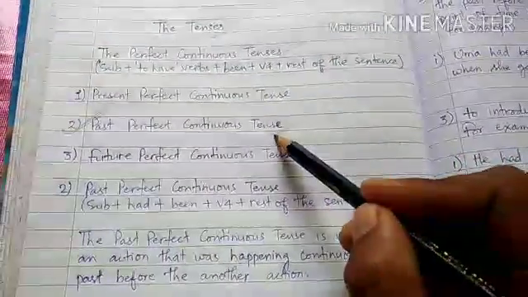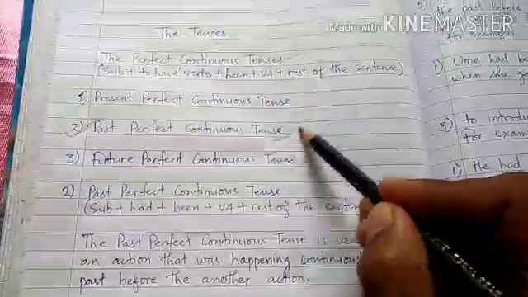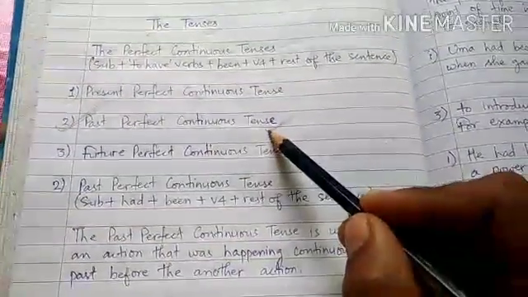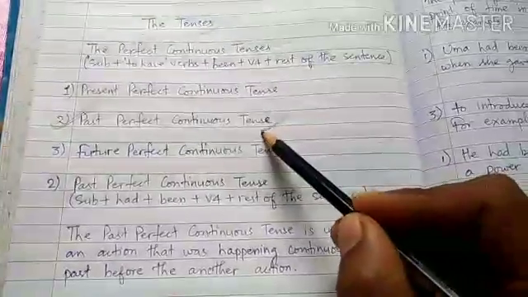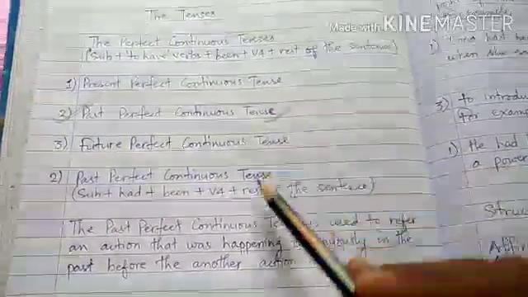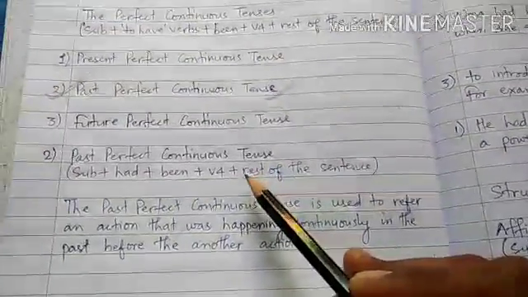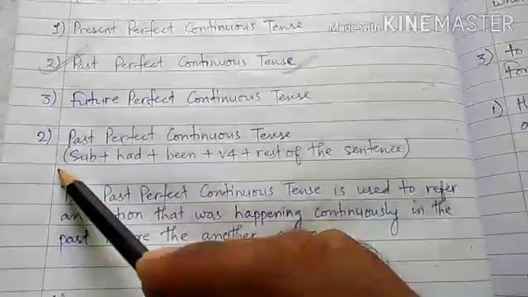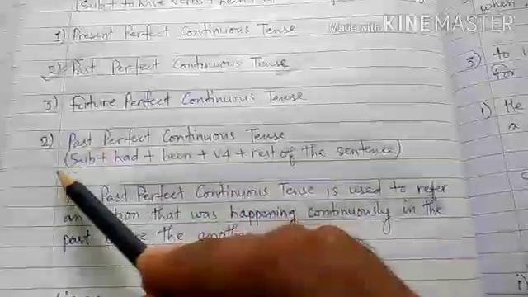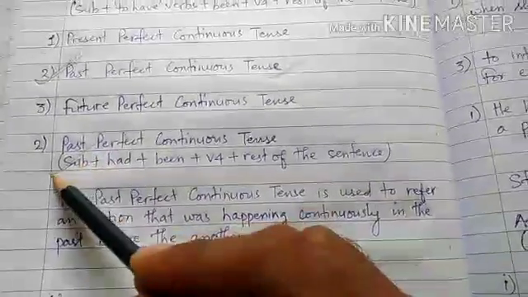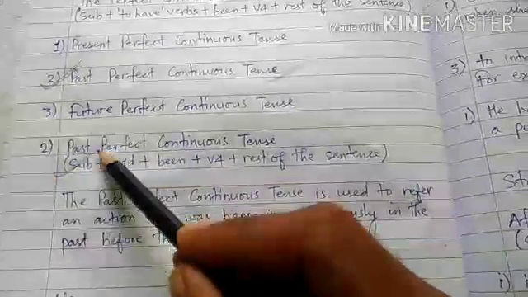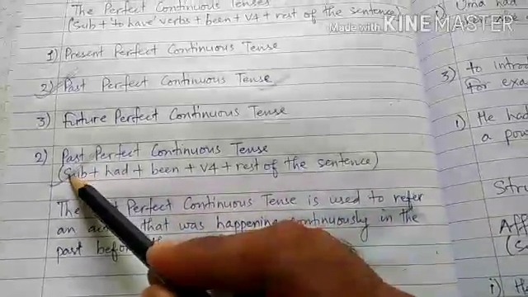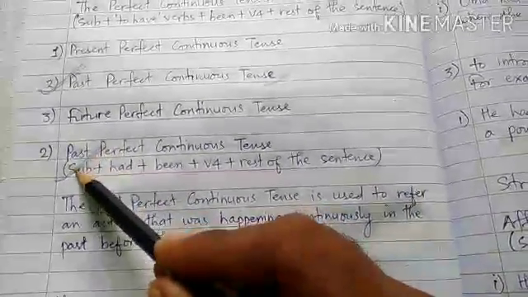But in this video we will focus particularly on the past perfect continuous tense. So at first, like we understood the structure of affirmative sentences in the present perfect continuous tense, here we will understand the structure of affirmative sentences in the past perfect continuous tense also.